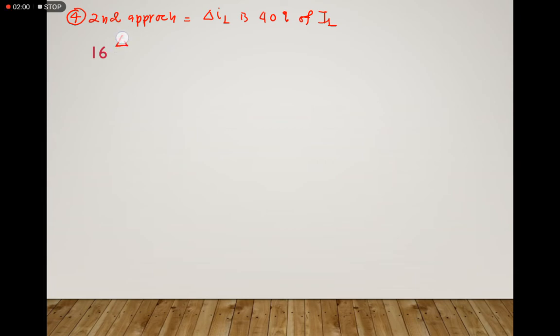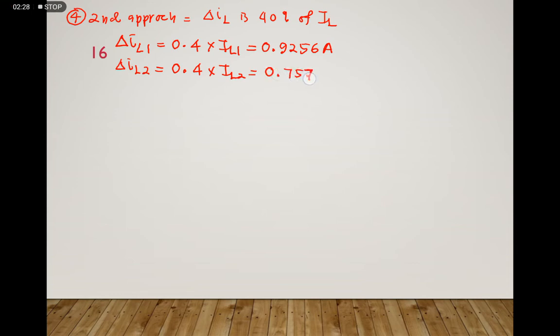So delta IL1 equals 0.4 multiplied by IL1, we will get 0.9256 A. Delta IL2 equals 0.4 multiplied by IL2, you will get 0.75772 A.